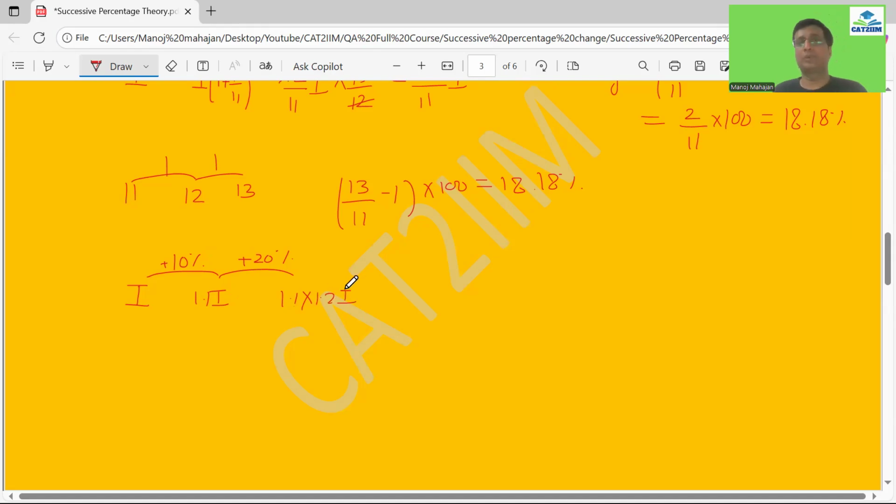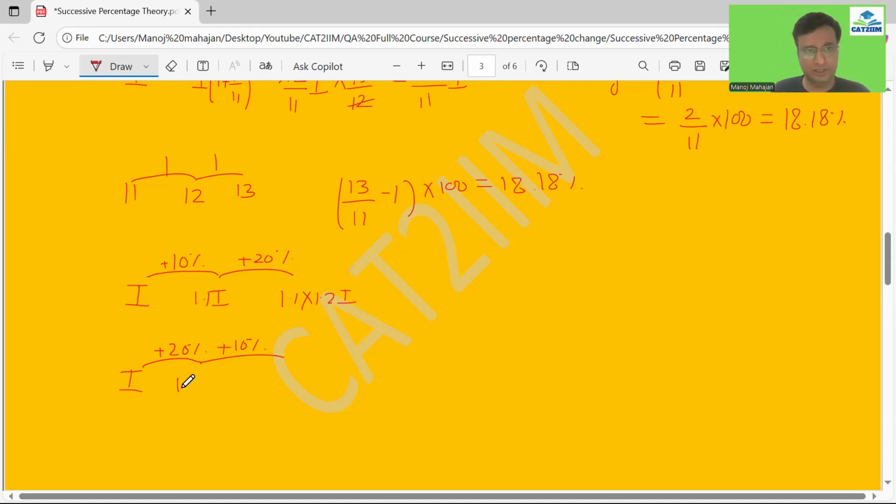So what I wanted to make clear is that first you increase by 10 and then by 20, or first increase by 20% and next increase by 10%. Doing a 10% increase and a 20% increase, or first a 20% increase and then a 10% increase, the ultimate multiplying factor is going to be the same, which means the percentage change is going to be the same. So you can use either first 10% increase, then 20, or 20 first and then 10.